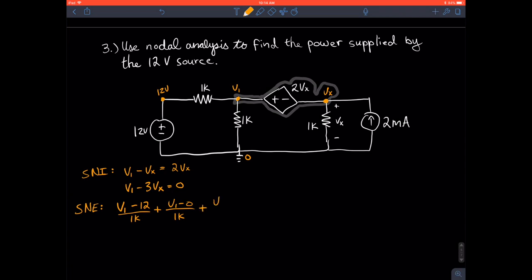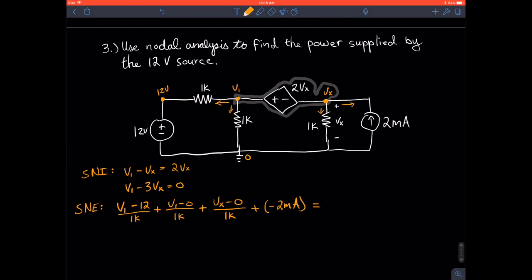And then the next one is on the right side. That's going to be Vx minus 0 over 1K. And then we have another current, and because we're assuming that the currents are all leaving, because we're writing Vx minus 0, V1 minus 12, we're assuming it's leaving, then because this 2 milliamp source is entering, this is going to be a negative 2 milliamps.